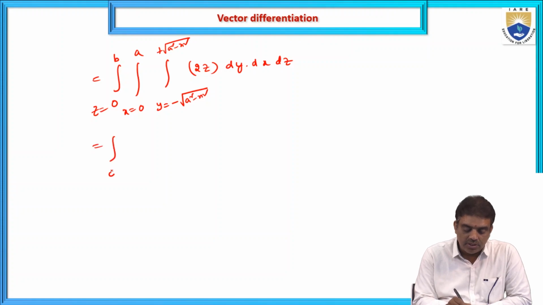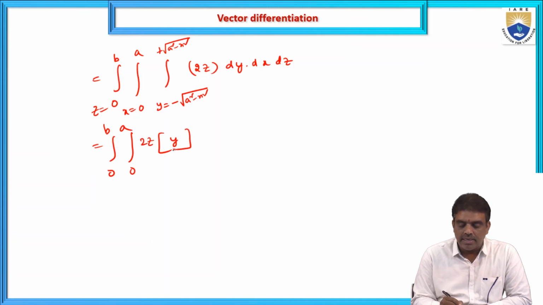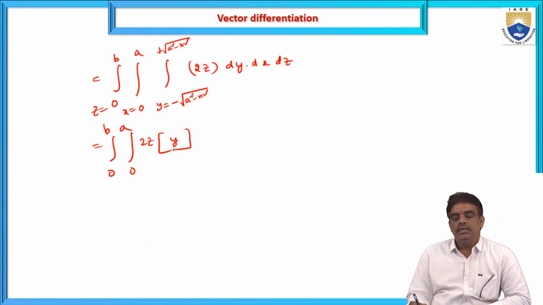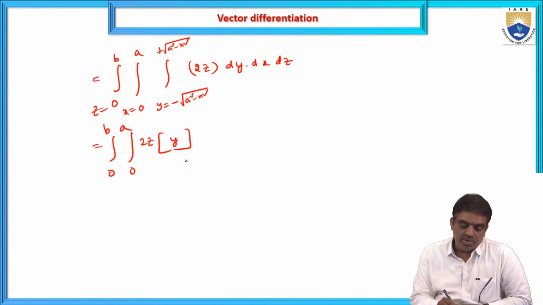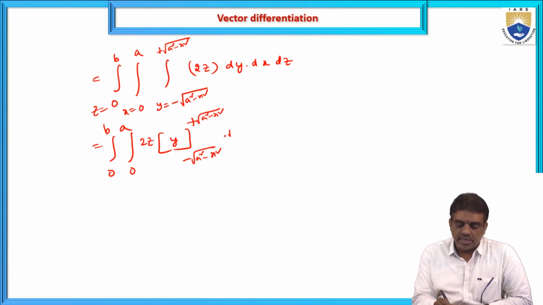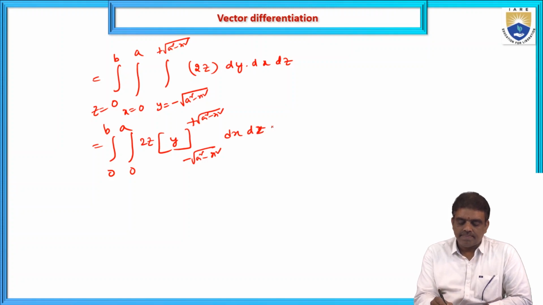So integrating 0 to b constant limit, 0 to a constant limit. With respect to y integration, 2z is a constant term. It is minus square root of a square minus x square to plus square root of a square minus x square, dx dz.